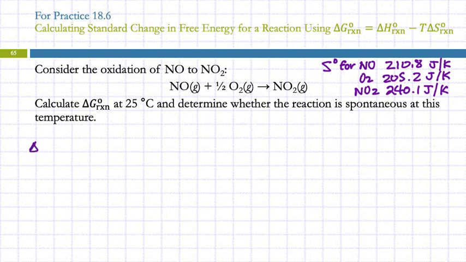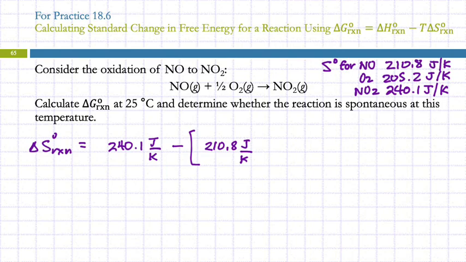So the change in entropy under standard conditions for this reaction is equal to the entropy of the product here, which is 240.1 joules per Kelvin. And the coefficient there is a 1, so I don't need to do anything, minus the sum of the entropies for the reactants. So for NO, it's 210.8. It's one of my favorite words, NO, because it's yelling, right?